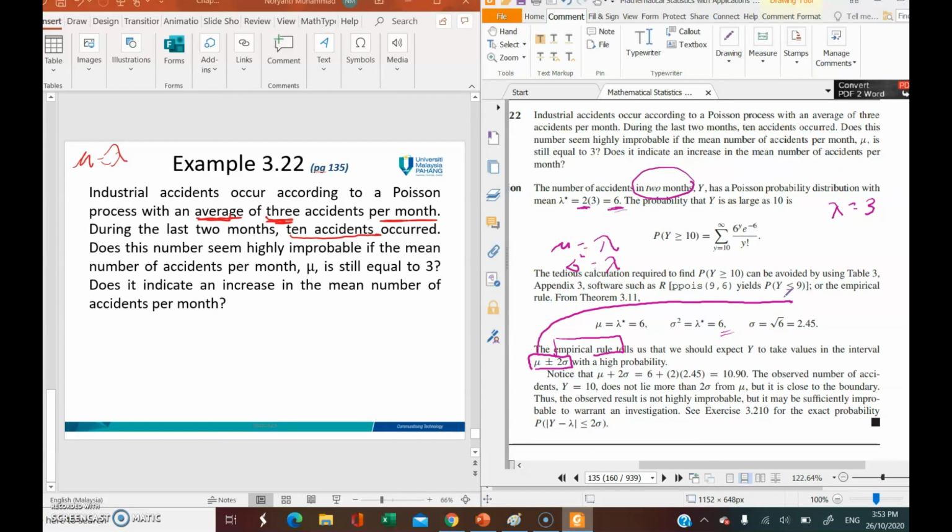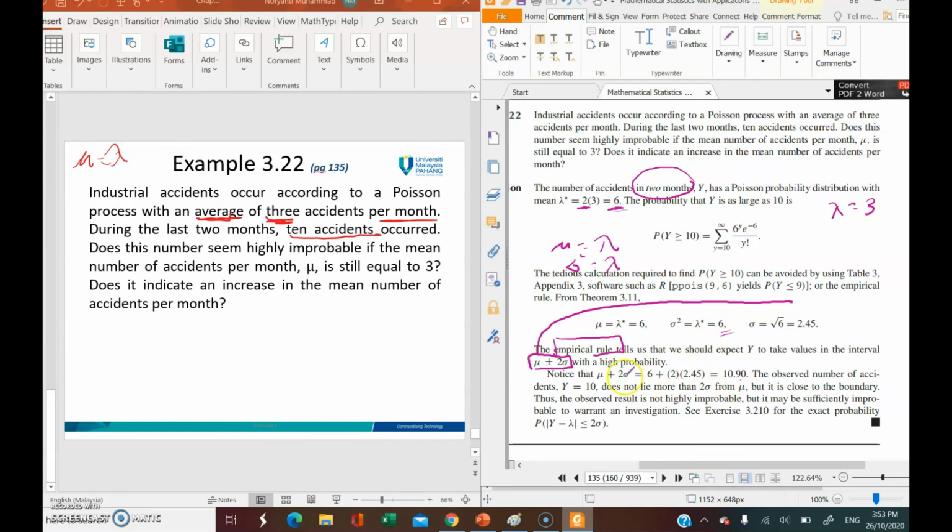If you substitute the values, you will get 10.9. So the observed number of accidents does not lie more than 2 sigma from mu, because when you have 2 sigma, it goes until 10.9.